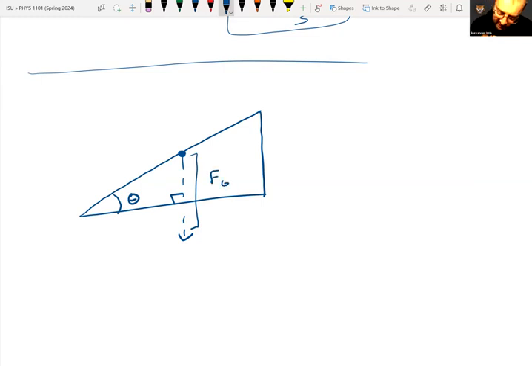If you've seen these kinds of problems before, you may be familiar with this. If not, that's okay. F sub n is perpendicular to that point right there. And then we would have something like this.